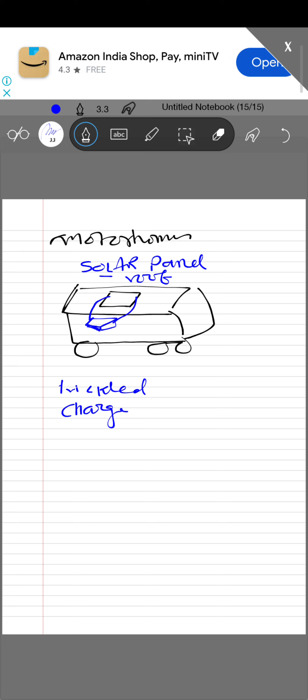This is minus, this is plus, this is minus B, this is plus B. So the charging takes place in motorhomes when it is parked. The first condition is it should be parked and under the sunlight.